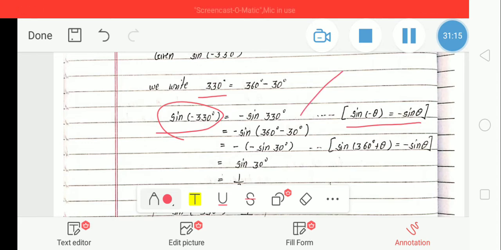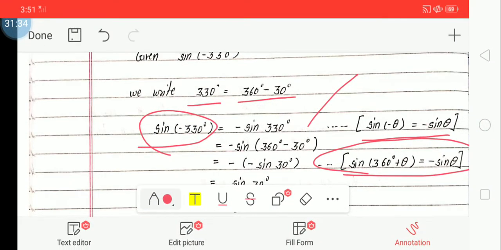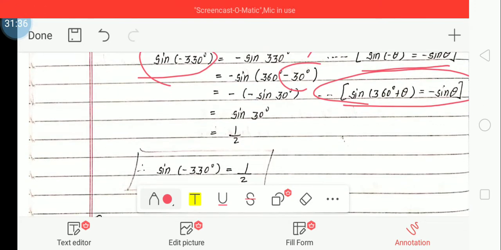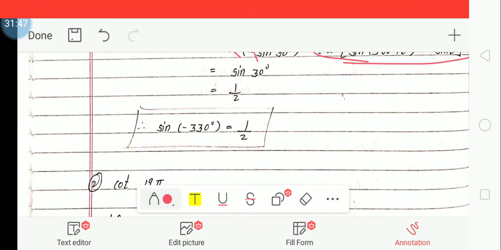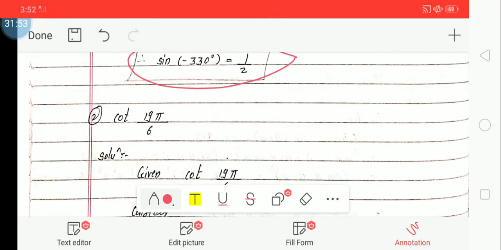So we write this one, and 330 means 360 minus 30, and using this one, sin(360 minus theta) is equal to minus sin theta. So minus sin theta, here theta is 30, and here minus is plus, so plus sin 30, and what is the value of sin 30? Half, means 1 by 2. So sin minus 330 is equal to half.